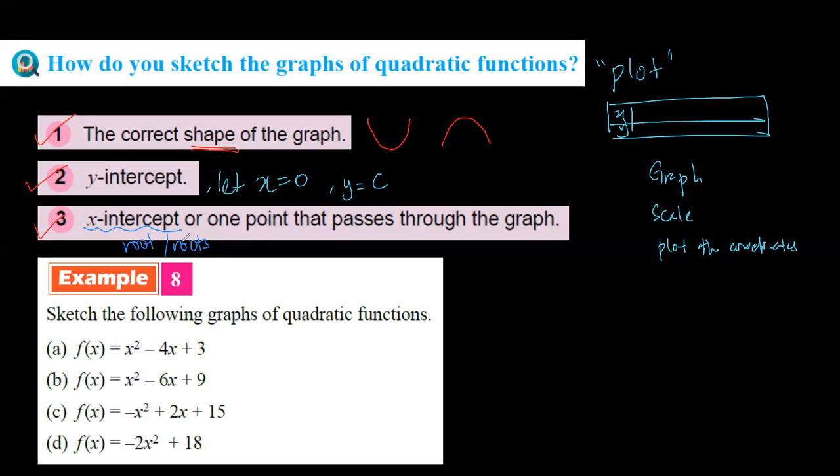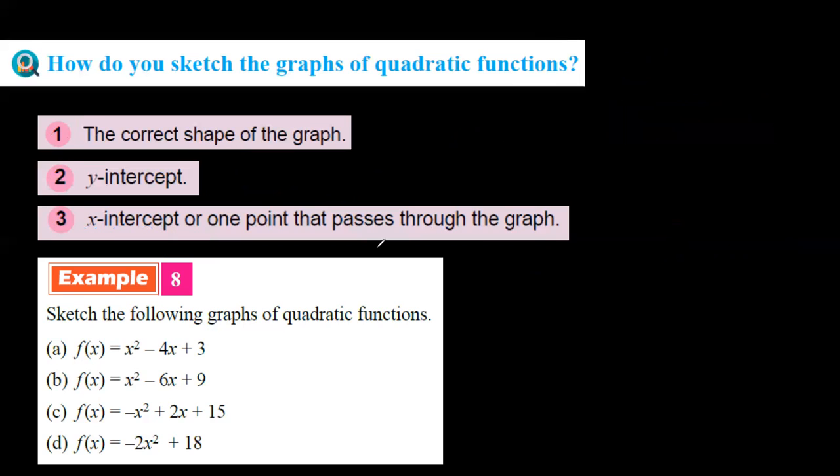So x-intercepts are the roots. To find the roots, we let y equal to 0, then from there you find the x value. Sometimes x has two values, sometimes only one value, and sometimes you cannot find x. Within our scope here, we will look into two roots.